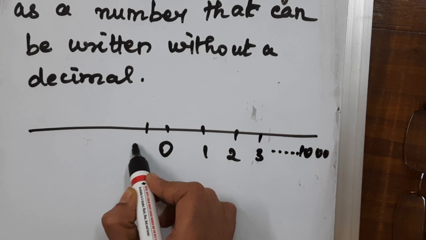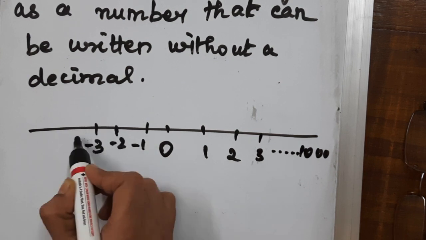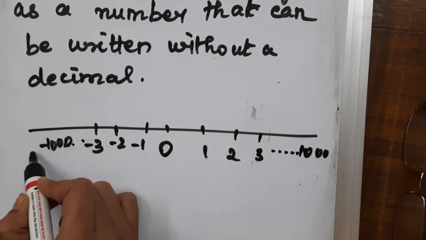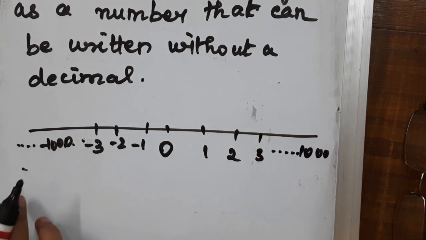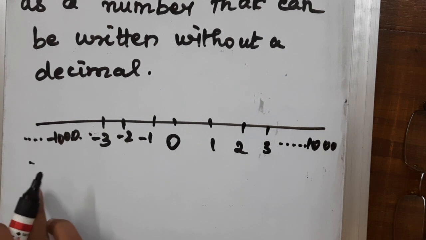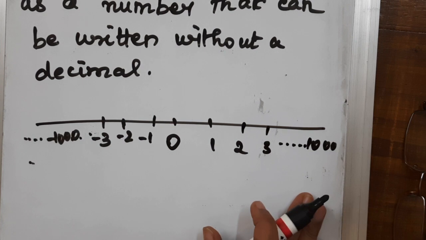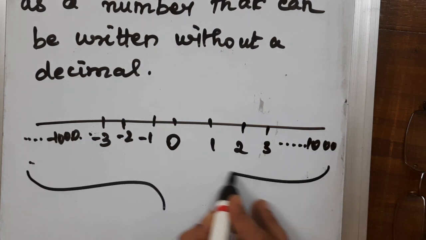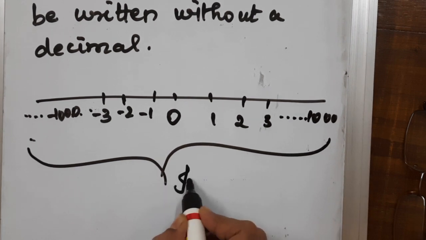This side will have minus 1, minus 2, minus 3, and so on, minus 1000, minus 10,000, minus lakh. So all the numbers over here are negative and here they are positive. Inclusion of both positive and negative numbers are said to be integers.